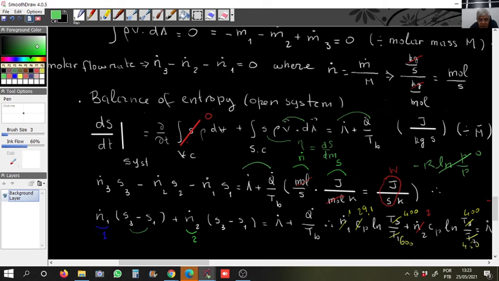Just put in the numbers. S3 minus S1, S3 minus S2. I already calculated this in the previous exercise.